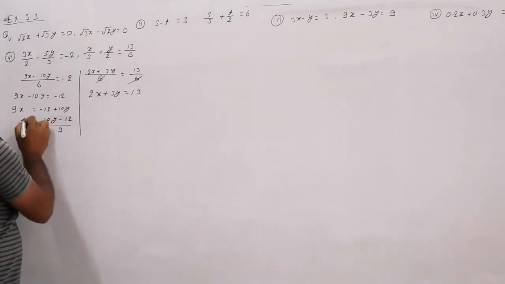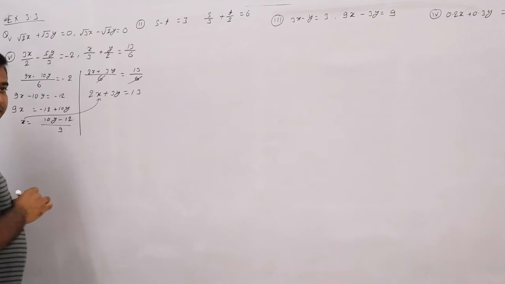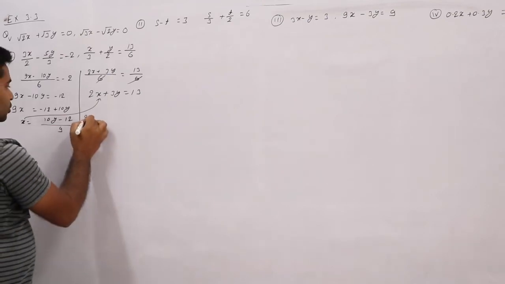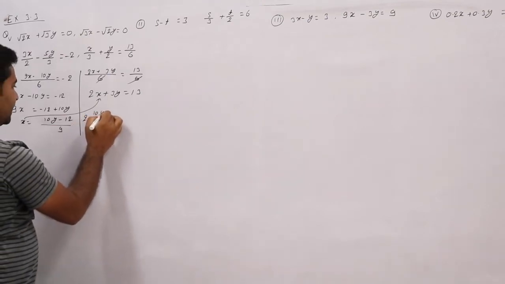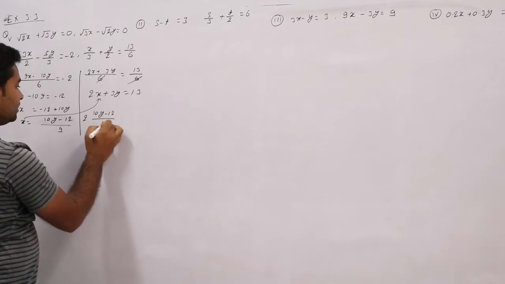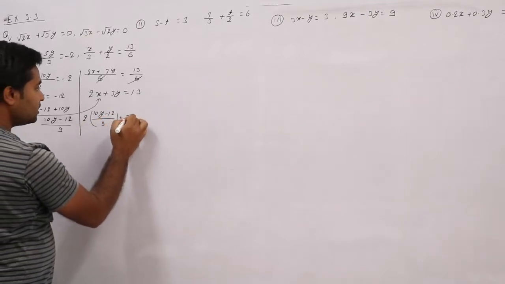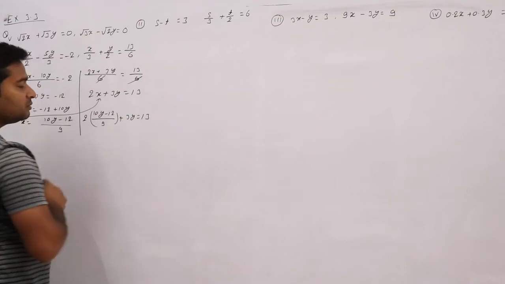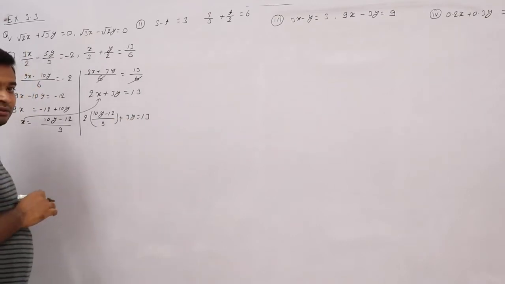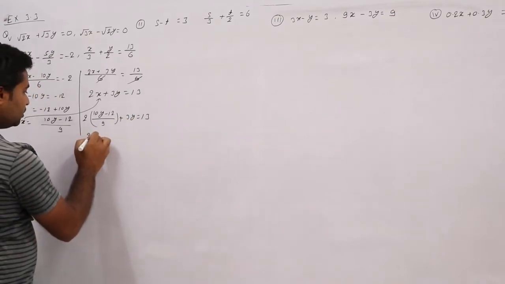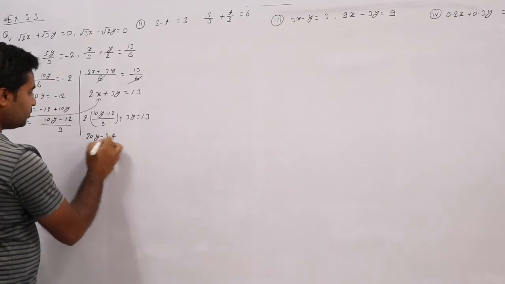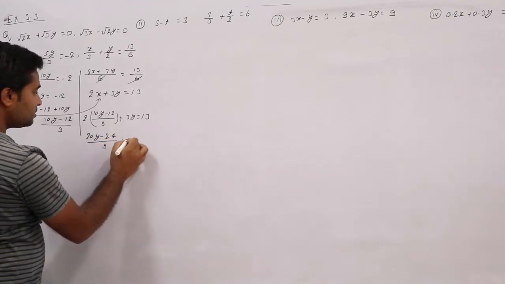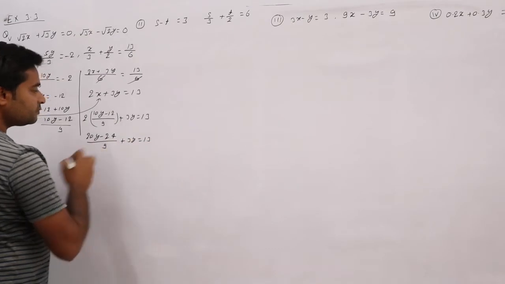Now this x we are putting here. Means 2 into (10y minus 12) by 9 plus 3y is equal to 13. So here it becomes 20y minus 24 by 9 plus 3y is equal to 13.